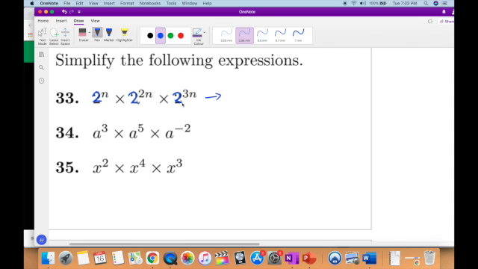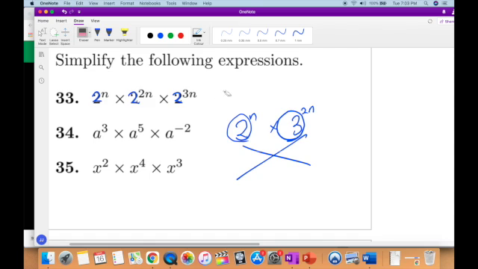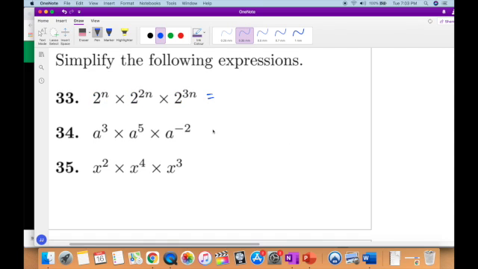So the minute you have 2 to the n multiplied by 3 to the 2n, this is not going to work because those base numbers have to be the same, right? So what do I do when I'm multiplying?